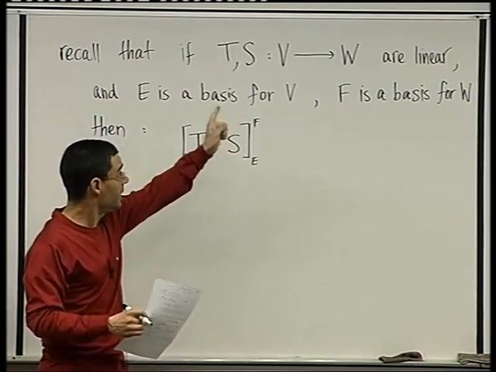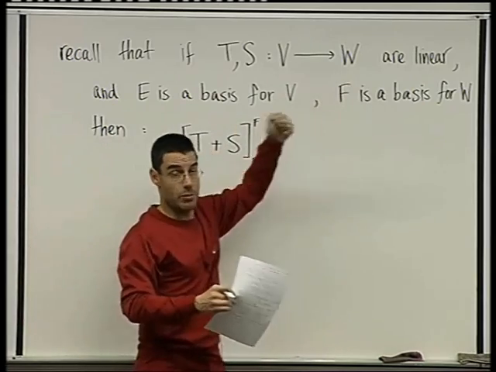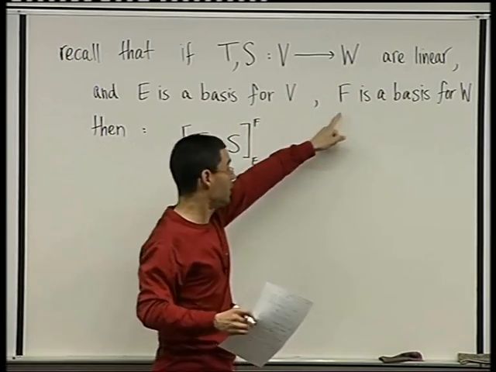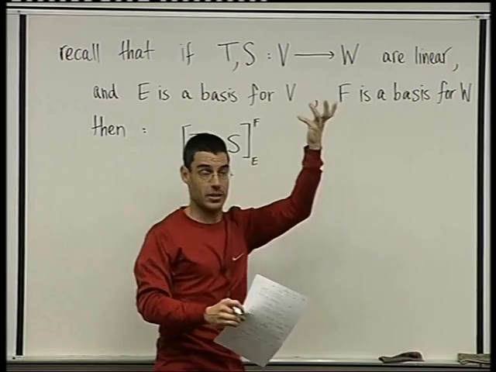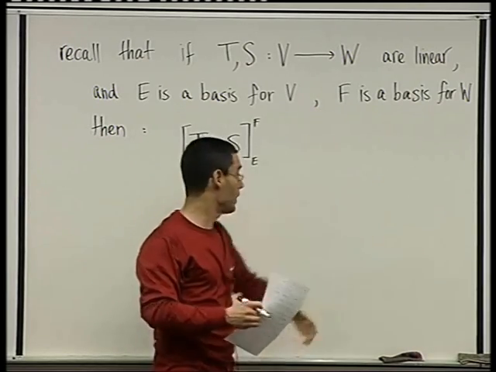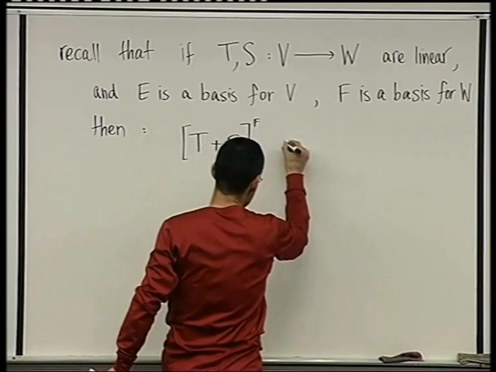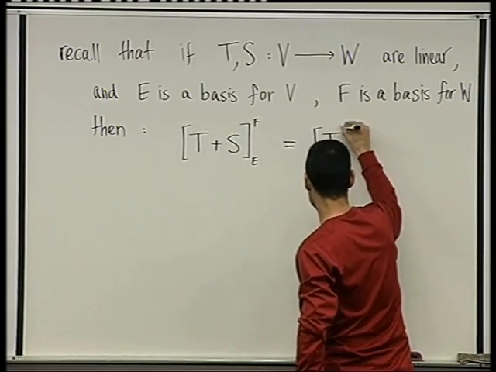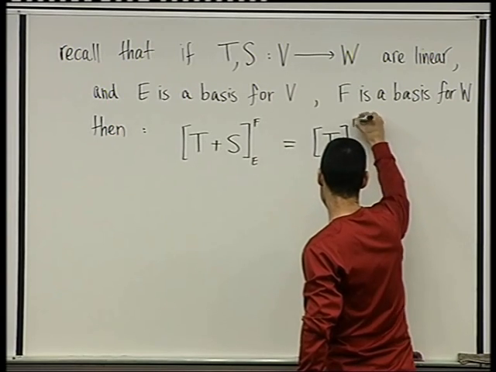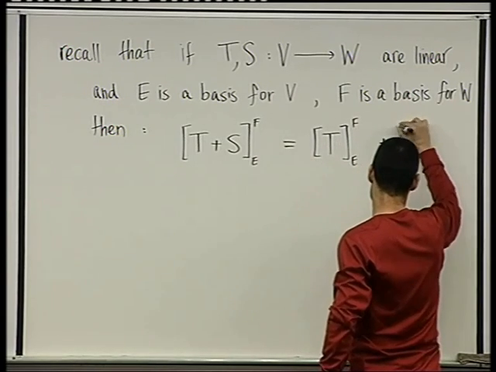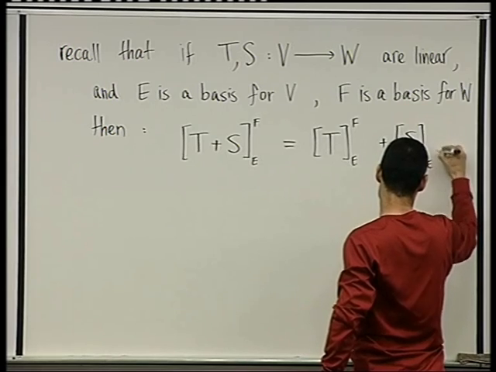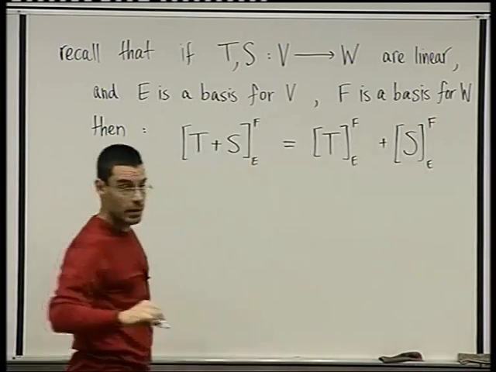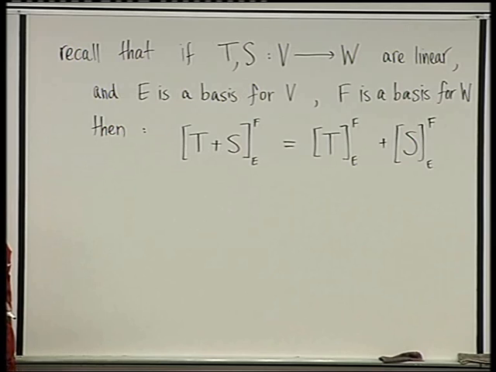We get something in the range, in W, and write that as a linear combination of the little f's, and then take the transpose. Remember that? Okay. So what we had is that this equals [T]_{E,F} plus [S]_{E,F}. Okay? We proved that. Or maybe we didn't prove it, maybe we just said it and gave examples. I don't even remember. Okay?